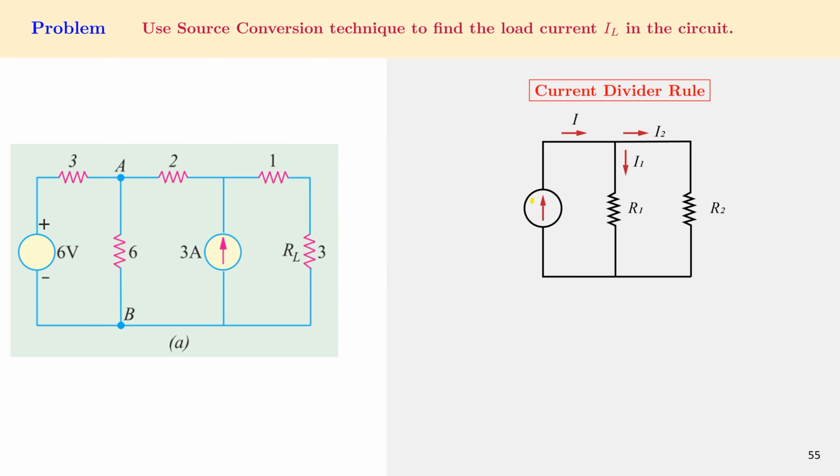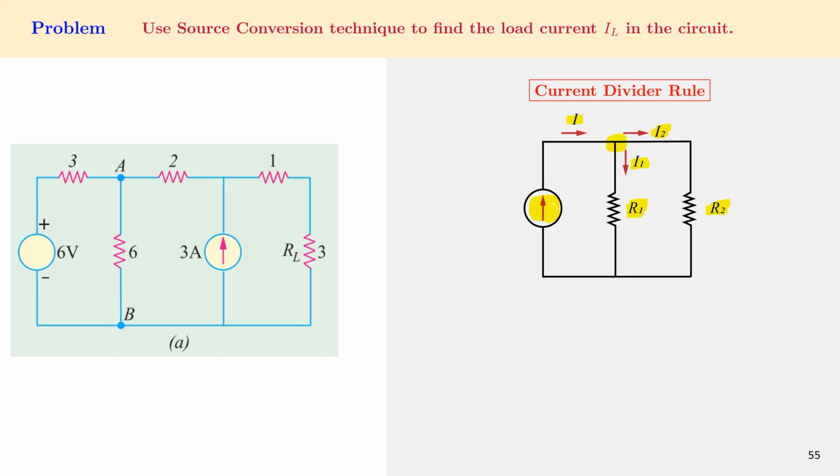Let us assume that we have a current source which produces a current I. That is, the current that is there in the circuit is I, and when it reaches this node, it divides into two, that is I1 which is going to flow through a resistor R1 and I2 which is going to flow through resistor R2.